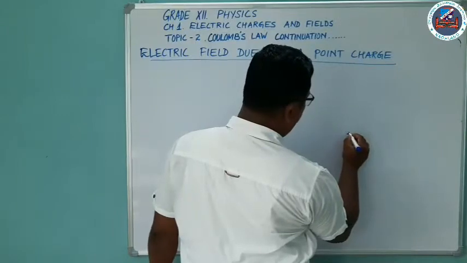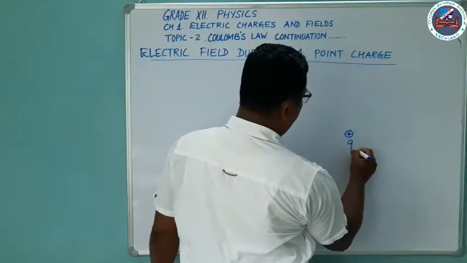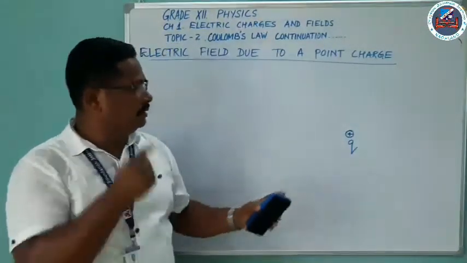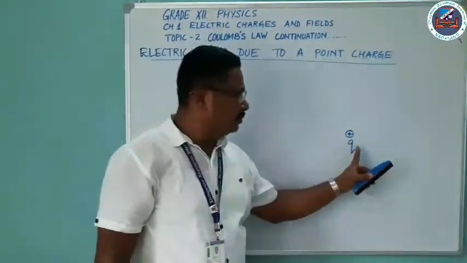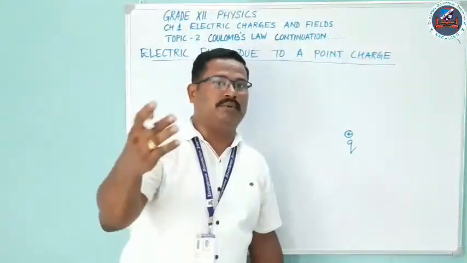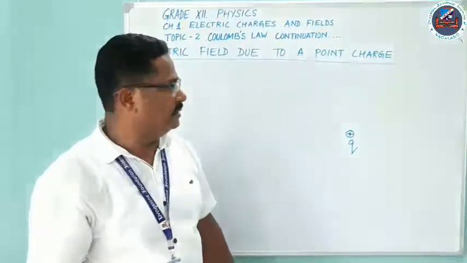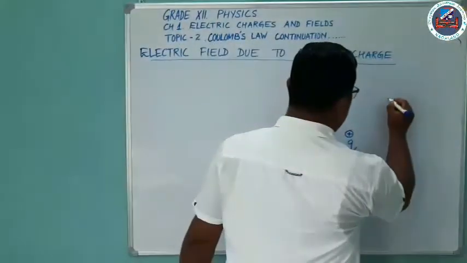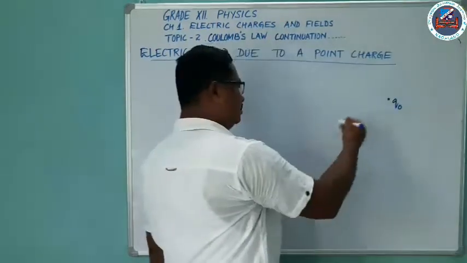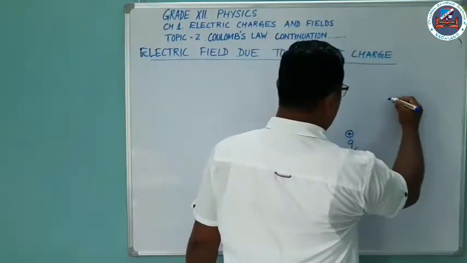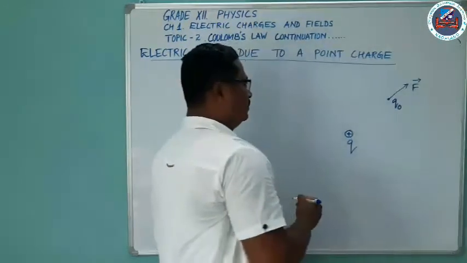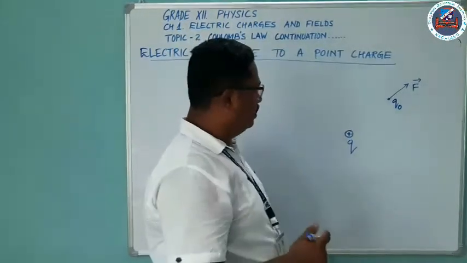Suppose this is your point charge Q. Now if I bring a unit test charge near to this point charge, then how much force will the point charge experience? Suppose this is our unit test charge and both are positively charged, so we all know that it will show a force of repulsion. It will have some force. That force we call the force of repulsion.